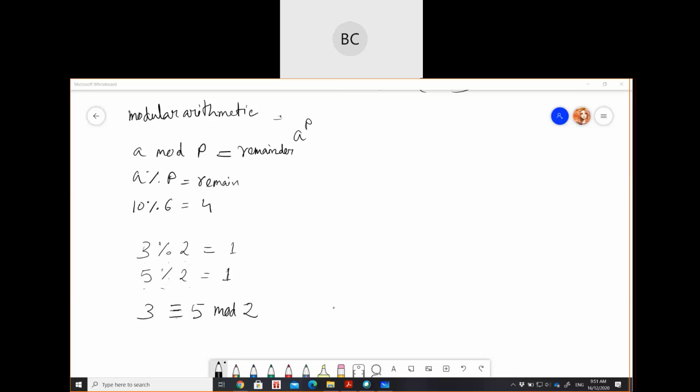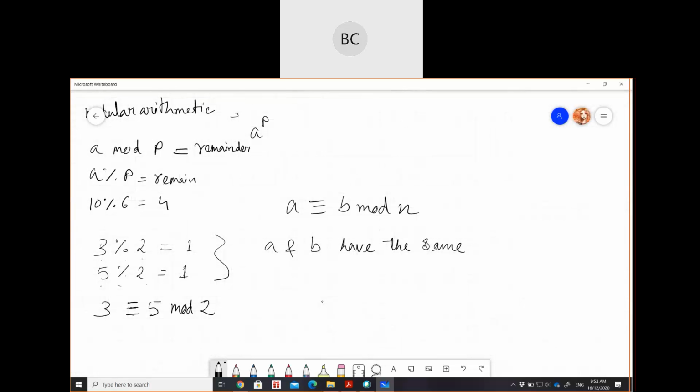Okay, so what is the congruent function? From this example, you can say if two numbers have the same remainder when divided by n, then they are congruent to each other. So I can say A is congruent to B mod n. That means A and B have the same remainder when they are divided by n.